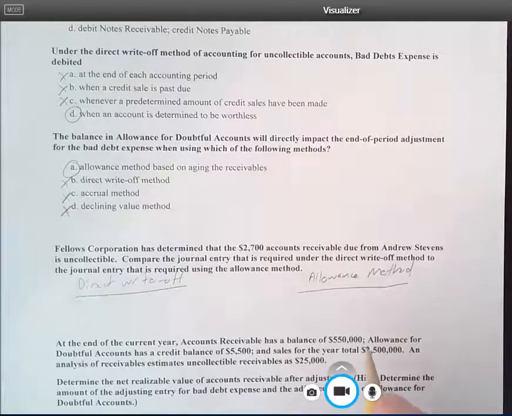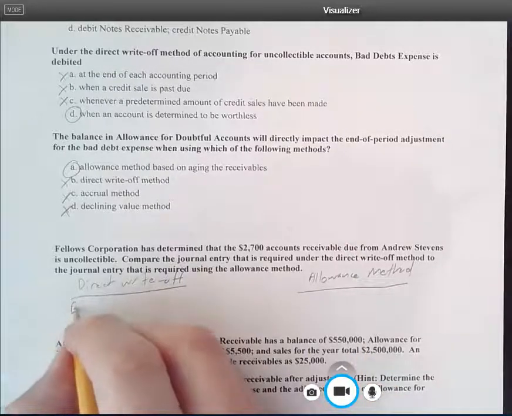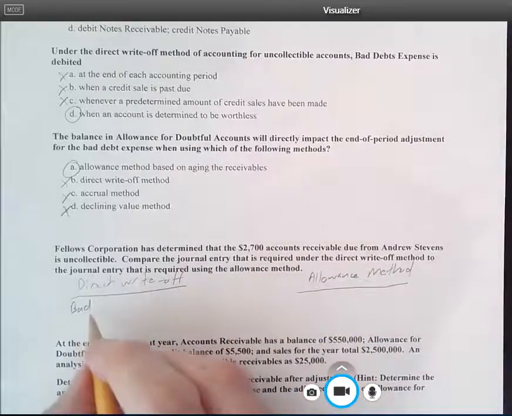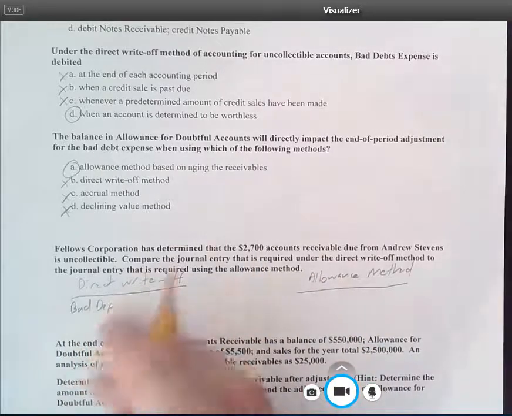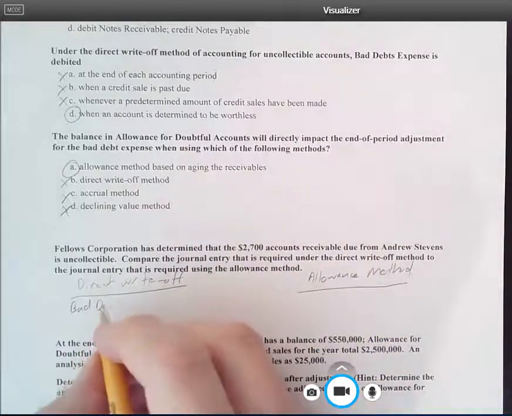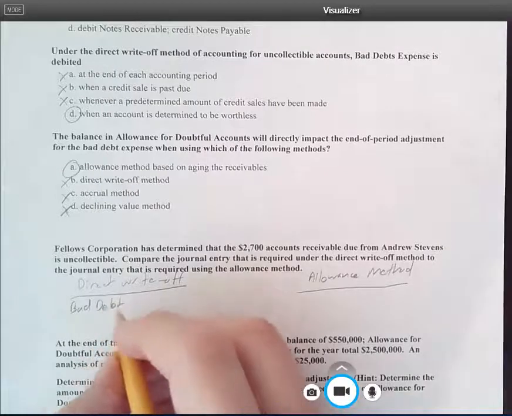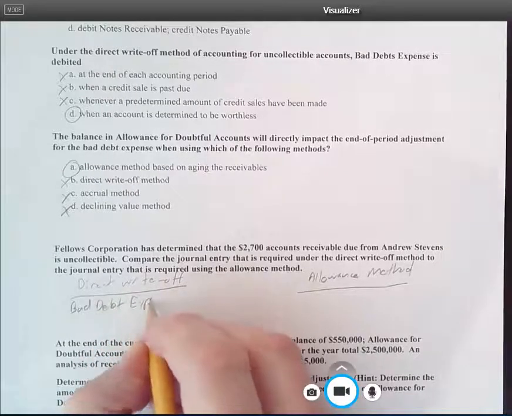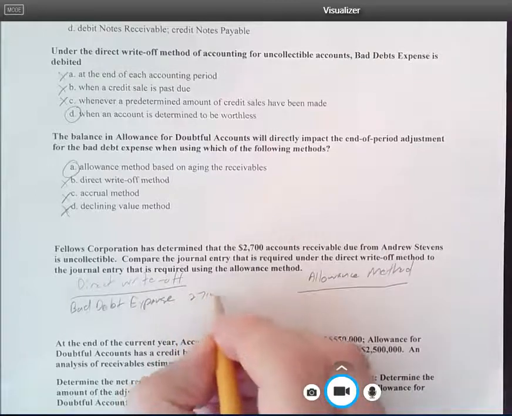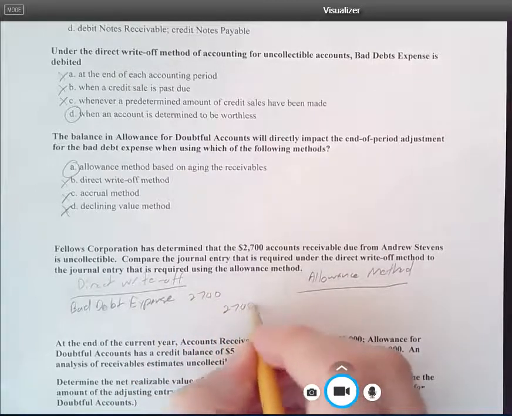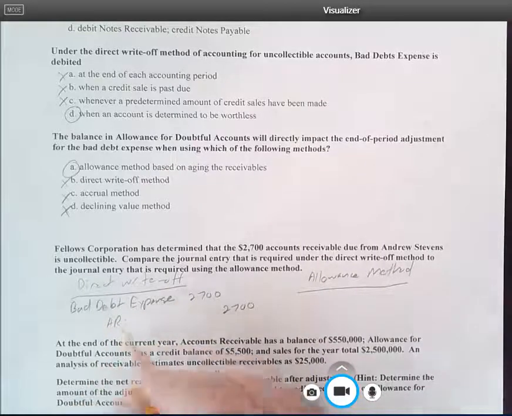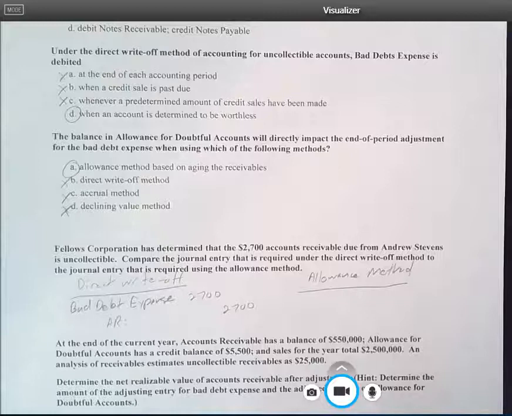So with the direct write-off method, we're going to just go ahead and, it was for $2,700. So our debit is going to be to bad debt expense for $2,700. And our credit, let's see, who was this customer?